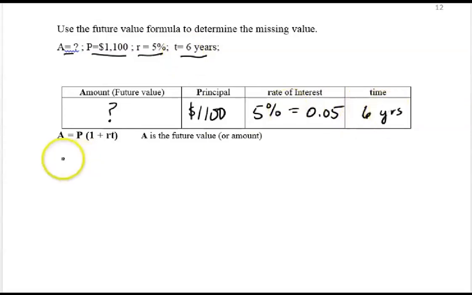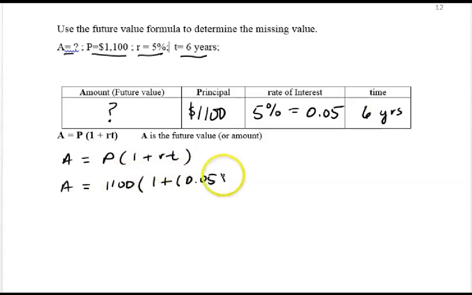So the future value formula, A equals P times 1 plus R times T. And so we're just going to input everything that's given to us in the question. So we have 1,100 times 1 plus the rate of 0.05 times the time, which is 6.